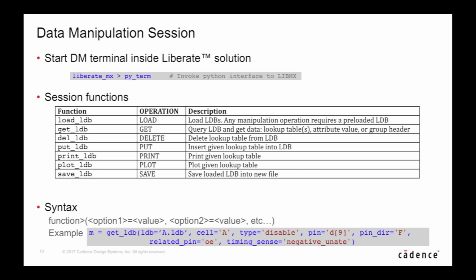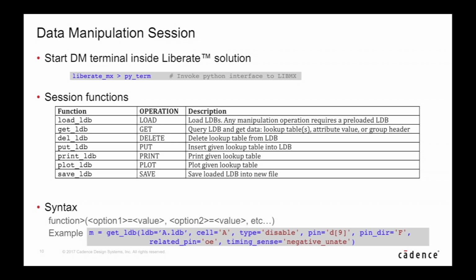At the bottom of this slide, we show a very simple example of how we get a specific entry in the library by providing a filter based on the library name, the cell, the type of arc we're interested in, the pin, the direction, and so forth.